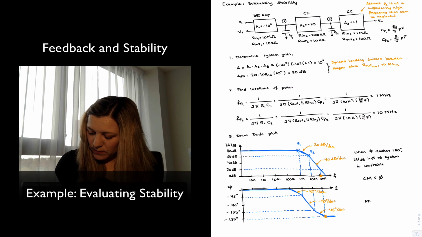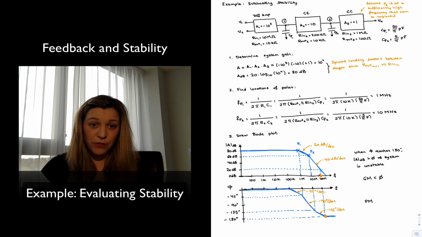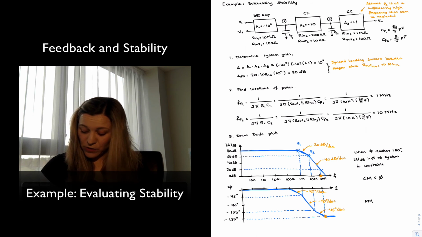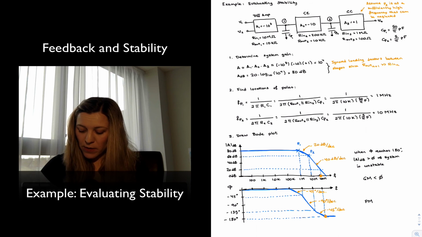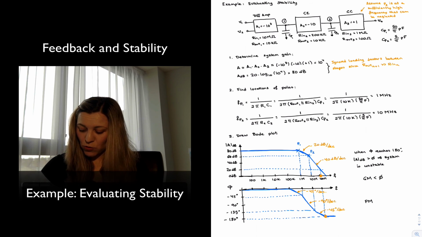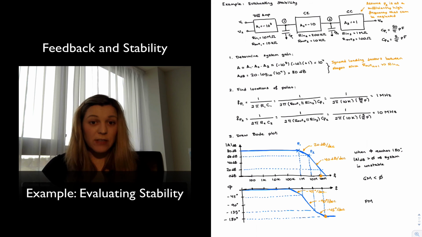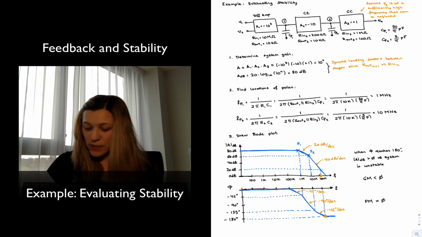My phase margin is going to be the difference between 180 degrees and my phase shift when my gain reaches 0 dBs. And since this is going to approximately flatten out at 180 degrees, I will have that 180 degrees minus 180 degrees is equal to 0, so my phase margin is equal to 0. And again, the system is unstable.